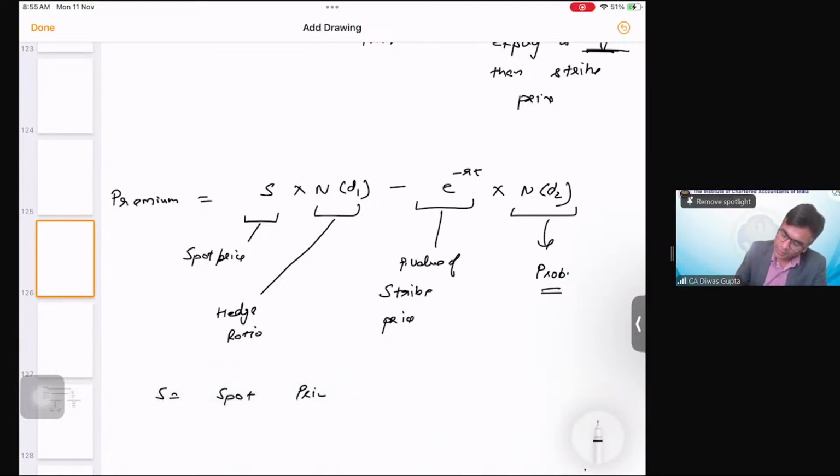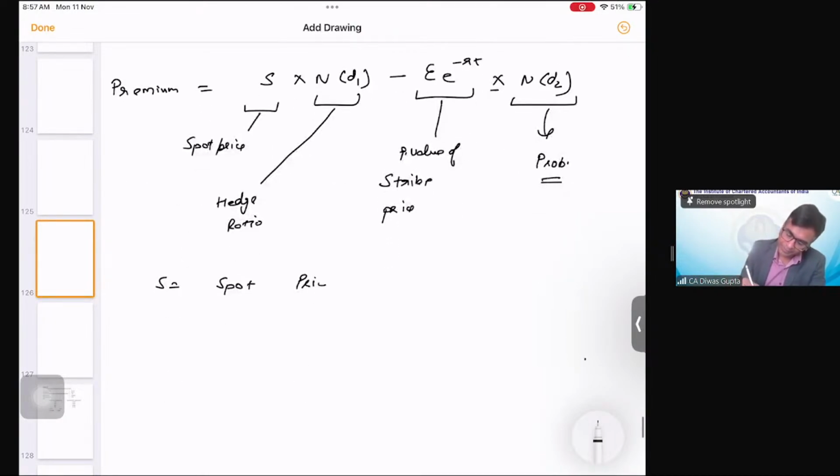Let me use some other value here. I'm using, let's say, E, the exercise price. Okay. So this is for the multiplication sign. So S is equal to spot price. E is equal to exercise price.